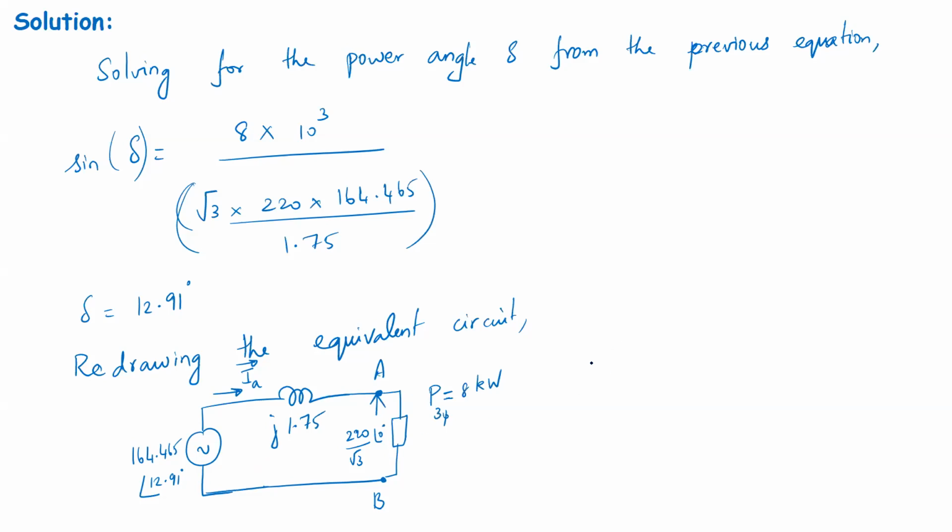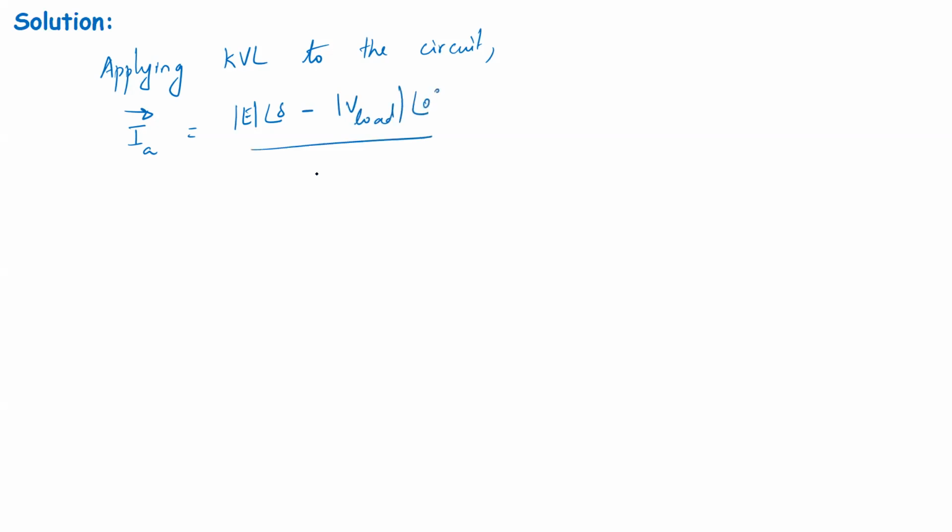So applying KVL to the circuit, my IA vector can be thought of as E phasor, which is magnitude E at an angle delta, minus V phasor, which is magnitude of load voltage at an angle 0, divided by j times XS.